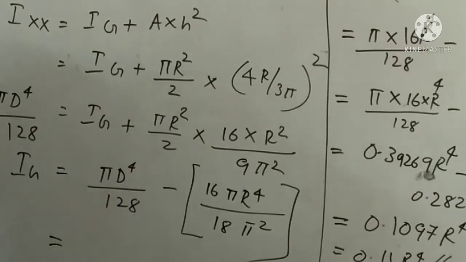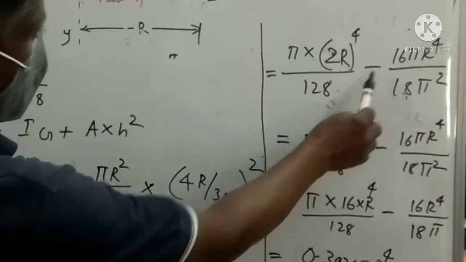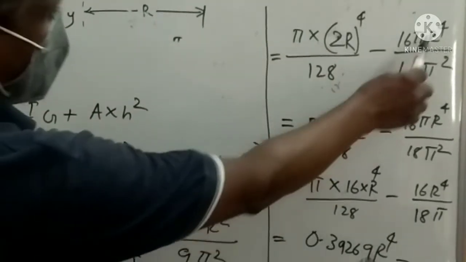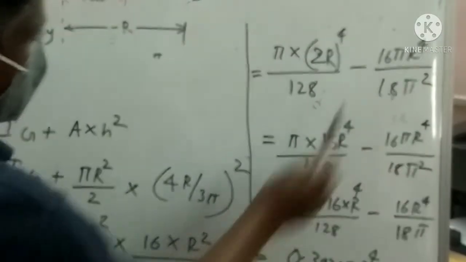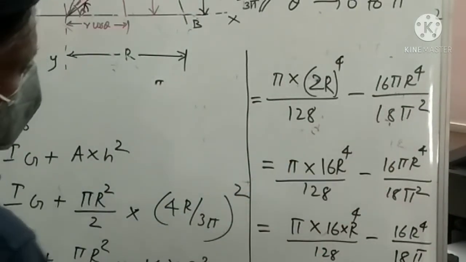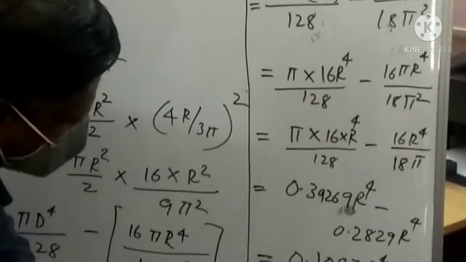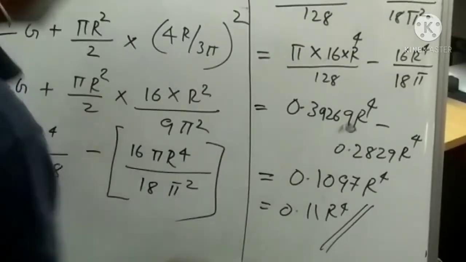Okay. So pi into 2r raised to 4 divided by 128 minus 16 pi r raised to 4 divided by 18 pi square. You give the value for this pi, here also give the value of pi. And finally, on solving, you will get 0.11 r raised to 4.